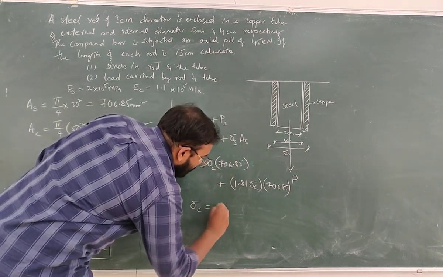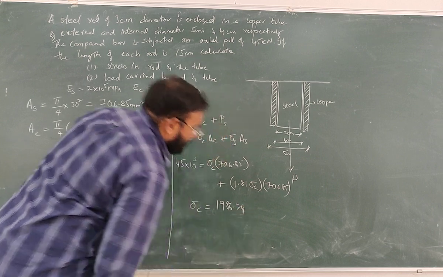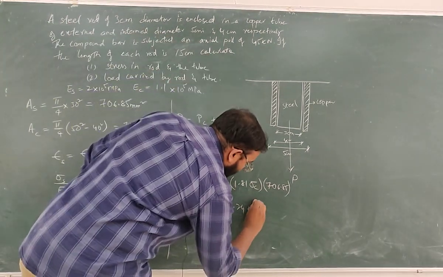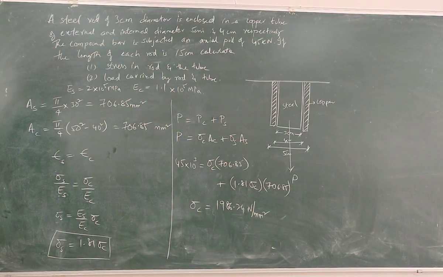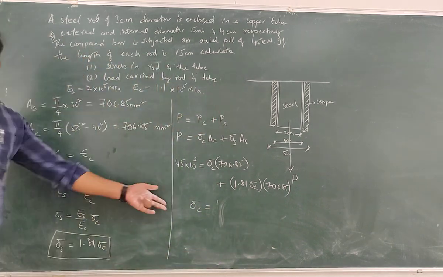Sigma c is equal to 45 divided by that. Tell me the final answer. I am writing the final answer here.